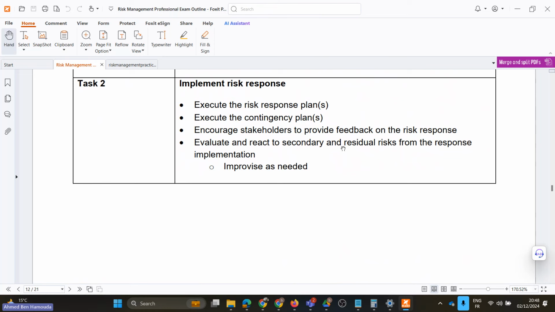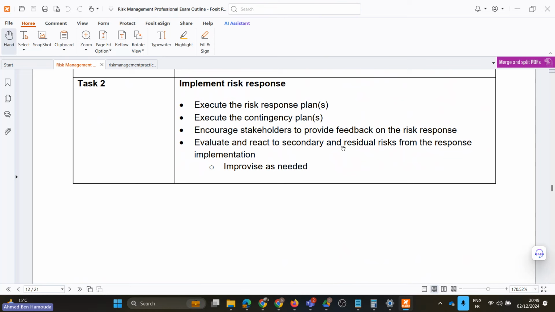Okay, knowing that the risk might materialize, might not. So teams are not always used to building a risk plan as part of their project plan, especially in agile. So that's something that some project managers, risk managers are struggling with. Okay.